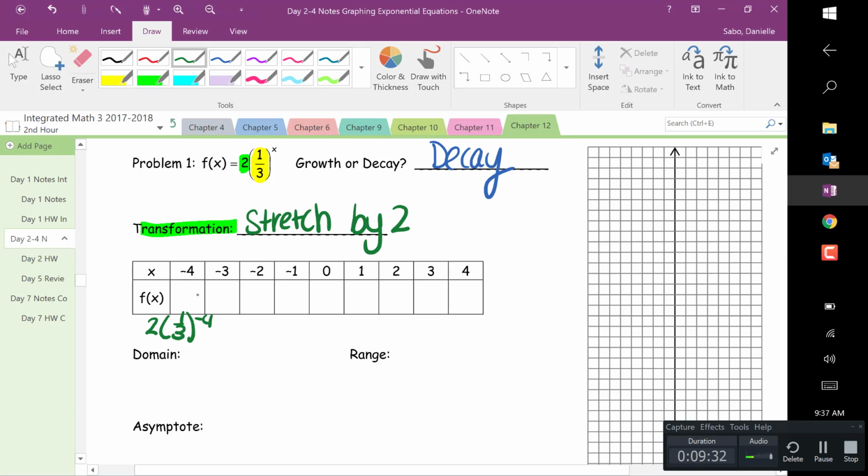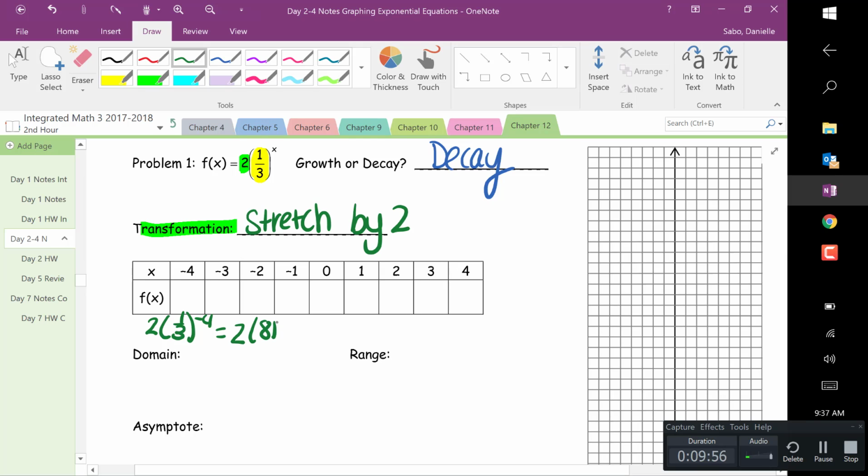Okay, so here's the question. What is 3 to the 4th power? What's 3 times 3 times 3 times 3? 81. Now with a negative in the exponent, what happens to it? It is 1 over 81 right now, and it's going to become just 81. So I'm going to rewrite that so you can see it.